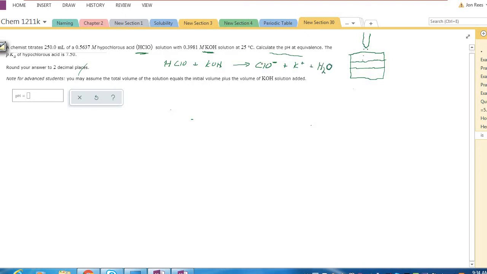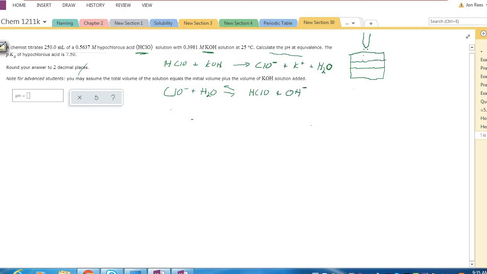Now we know by now that this aqueous ClO minus is the conjugate base of a weak acid. Since this is a base, it is going to react with water. ClO minus plus water is going to produce an equilibrium of HClO plus hydroxide ions.